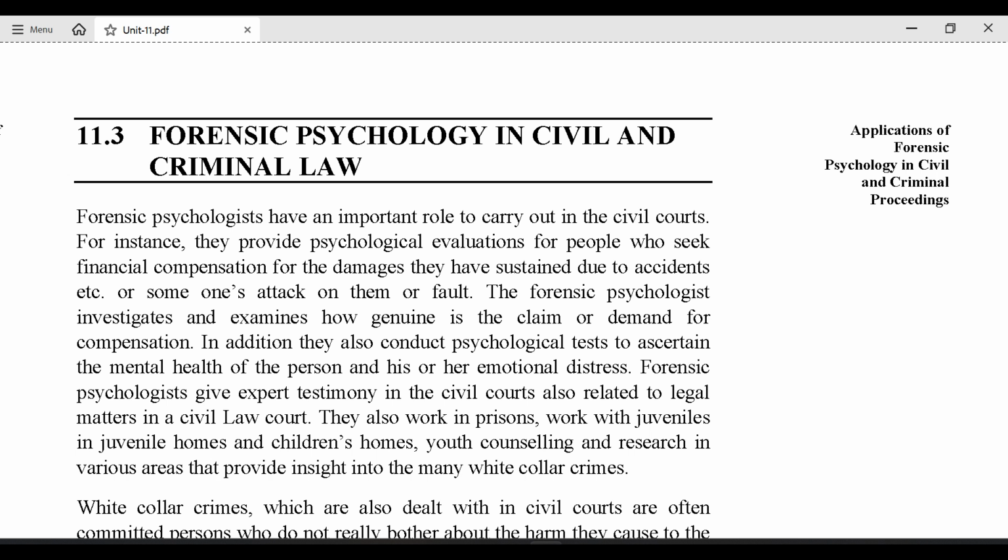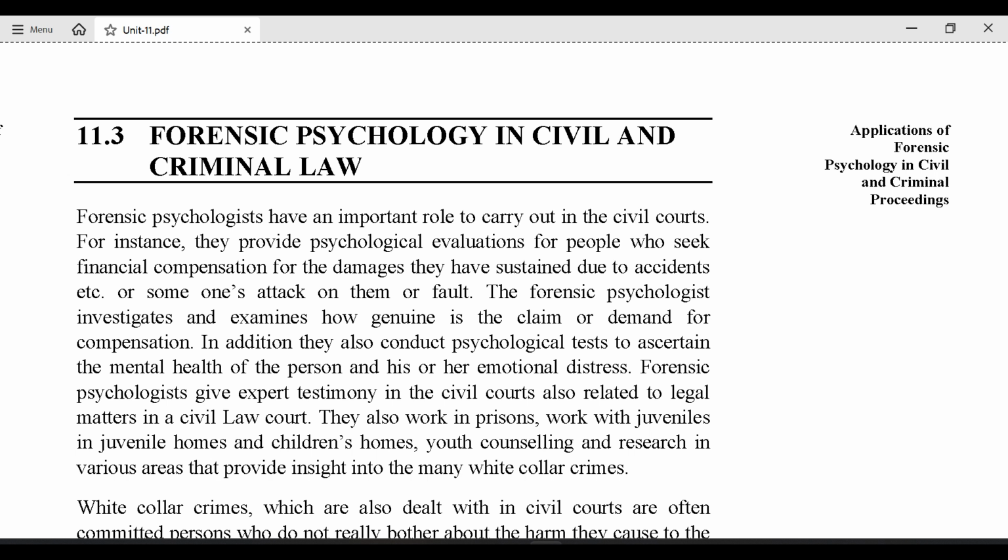The forensic psychologist investigates and examines how genuine the claim or demand for compensation is. In addition, they also conduct psychological tests to ascertain the mental health of the person and his or her emotional distress. Forensic psychologists give expert testimony in the civil courts also, related to legal matters in a civil law court.